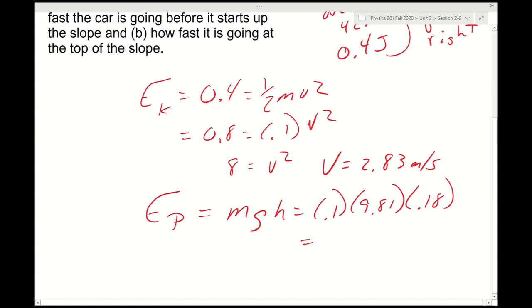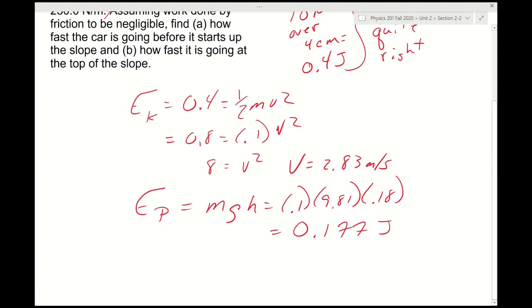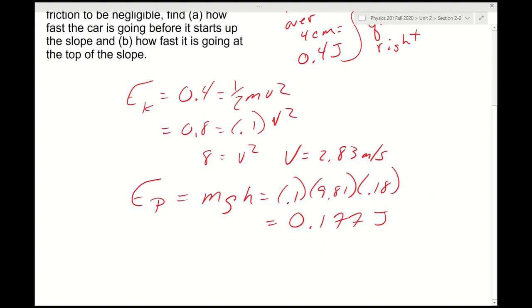So at the top, approximately 0.177 joules of energy out of the total of 4/10 of a joule are going to be converted from kinetic into gravitational potential energy.